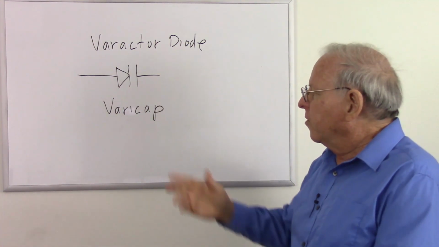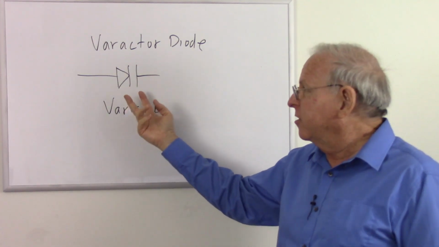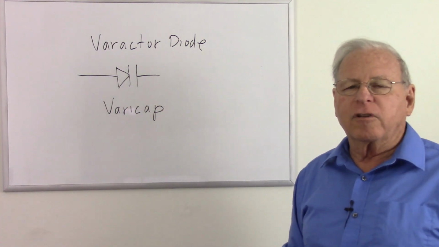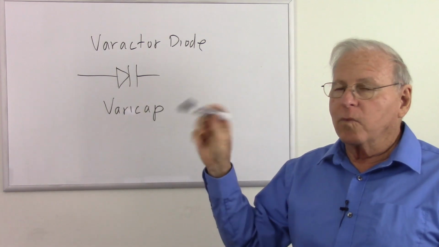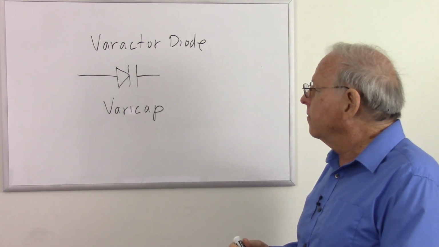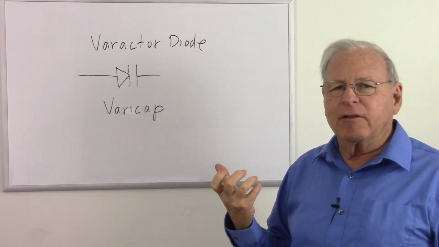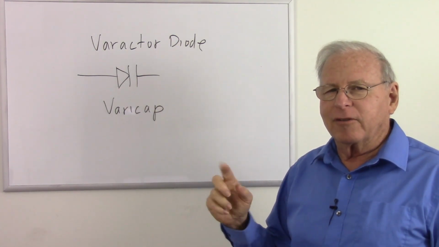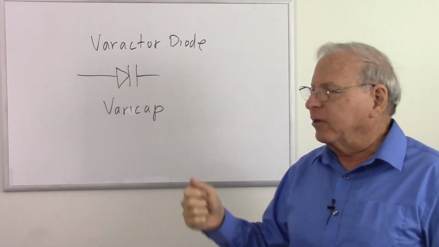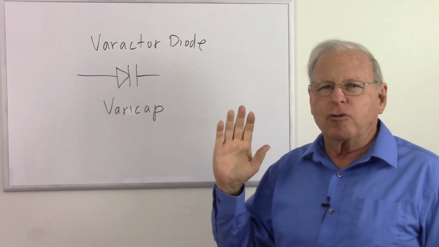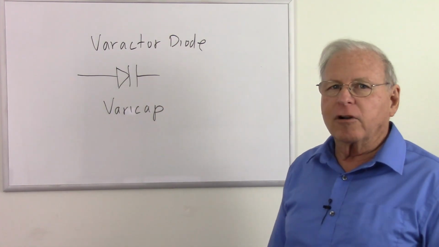So we reverse bias it and control the capacitance with the voltage. These are used in phase-locked loops, which we'll talk about way down the road in analog circuits. And they're used in little inexpensive FM radios that you tune by pressing a button and it scans across and stops when it finds a station. That's just two places I know where varactor diodes are used.